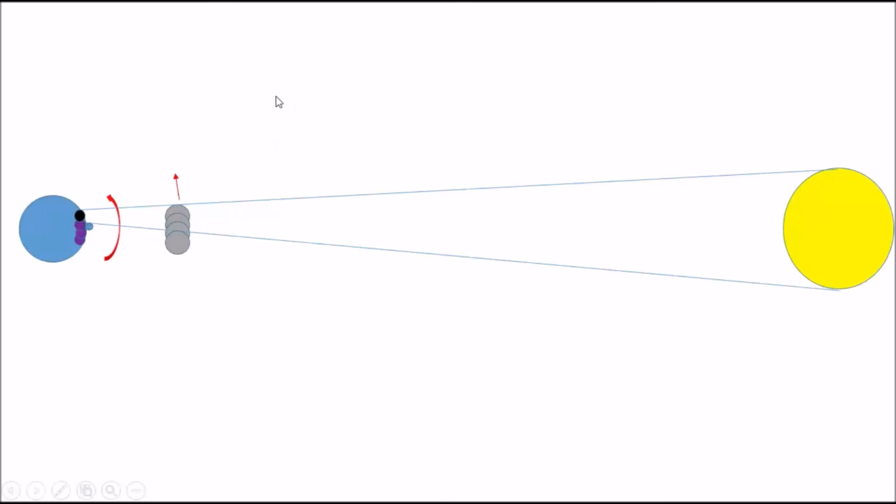So this model accurately predicts when and where eclipses will occur. It accurately predicts the path of those eclipses, and no other model has ever been able to make similar predictions.